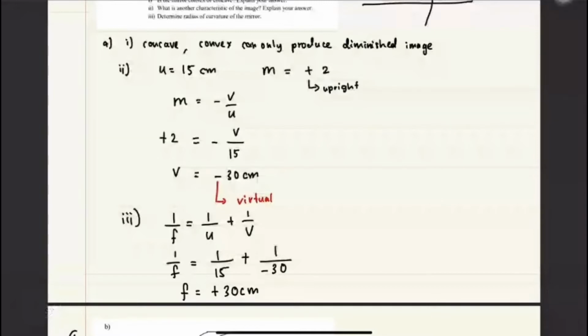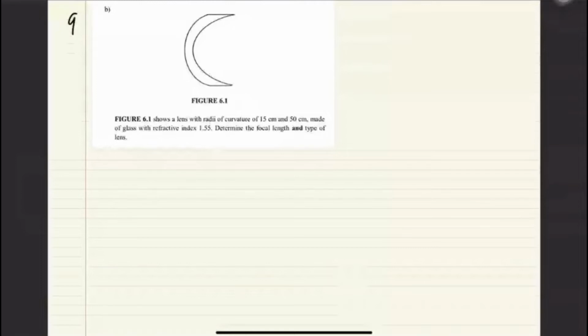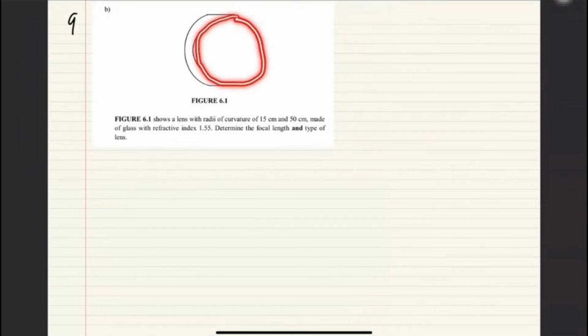Okay, for question number 9B, they give you a lens, radius of curvature 15 cm and 50. Lepas tu dia kata, made of glass with refractive index 1.55. Okay, again, yang ni kan, kalau kamu salah letak R tu, biasa kamu terbalik mana-mana kan. Kalau kita tengok gambar ni, this one, circle dia lagi kecil, so radius dia lagi kecil compared to this one.